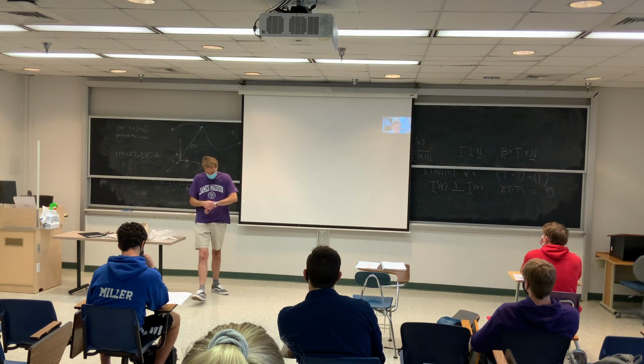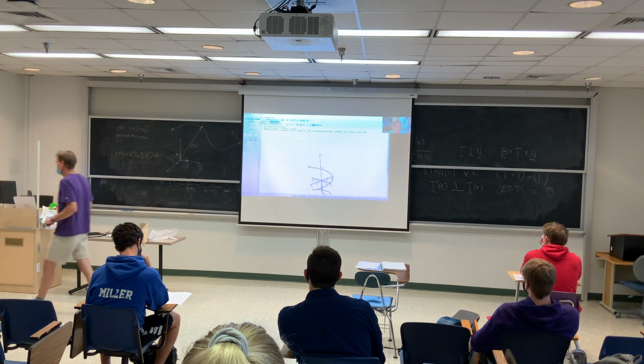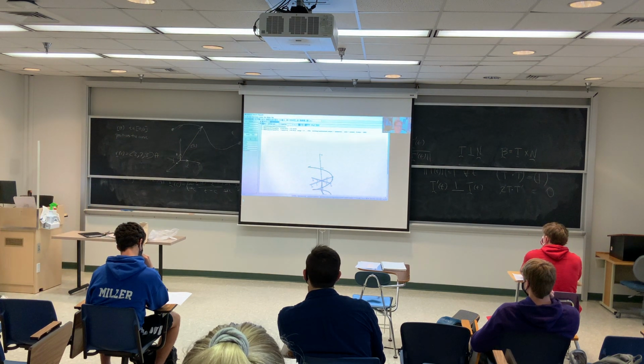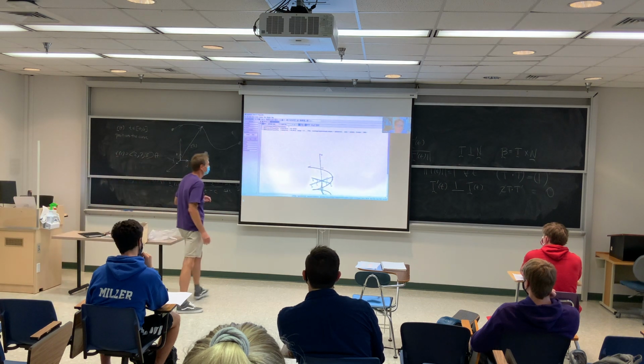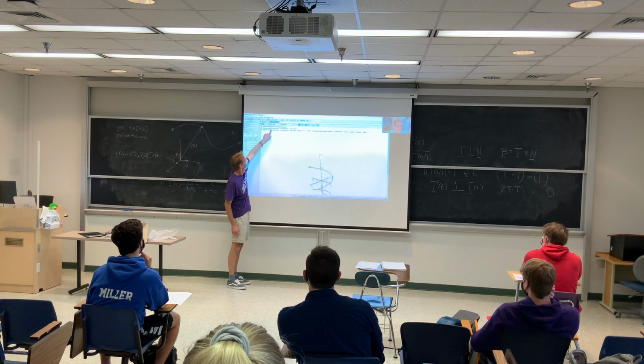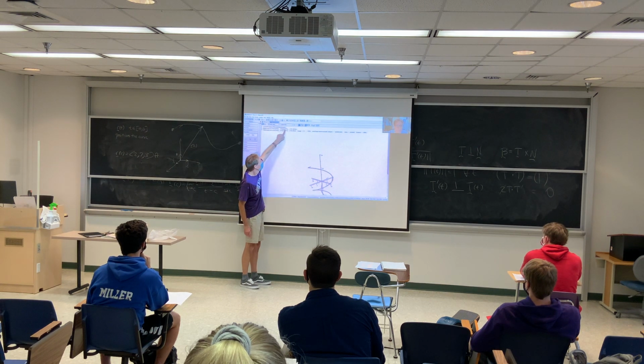I'll share my screen. We'll execute this, but this is kind of a crazy space curve. What I've got up here is t times cosine of 3t, t times sine of 3t, and t squared minus 6 times t.